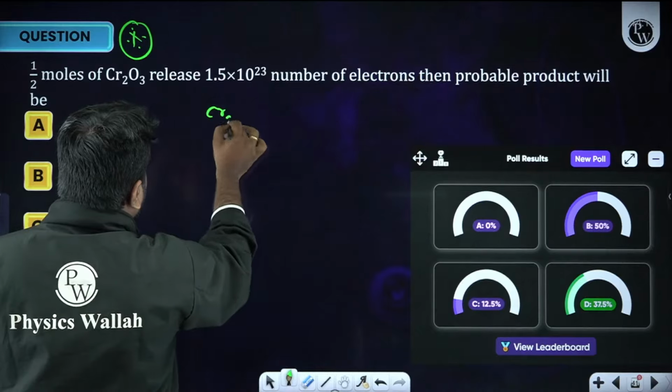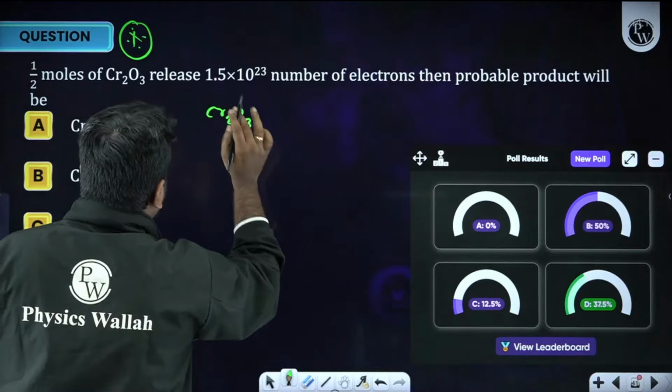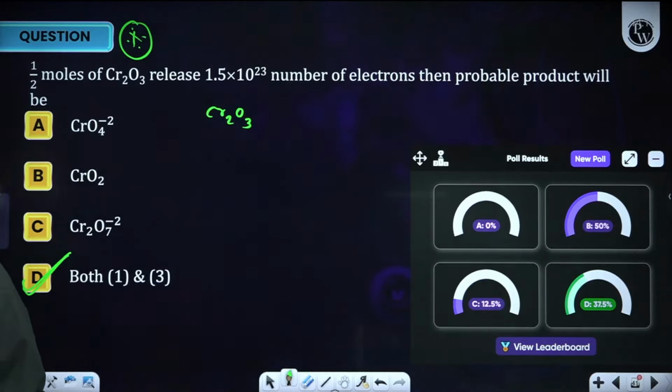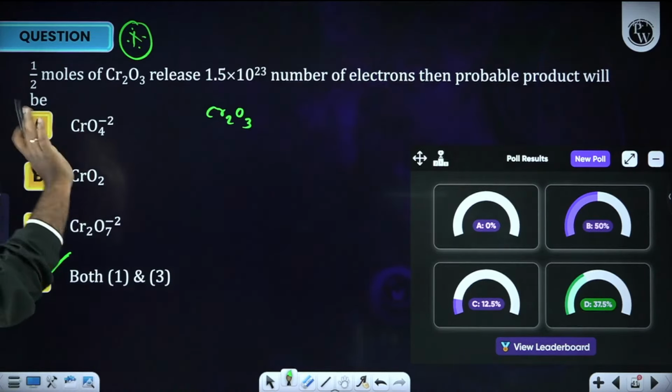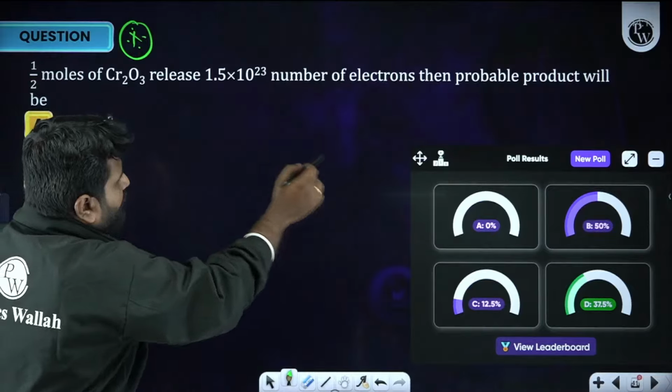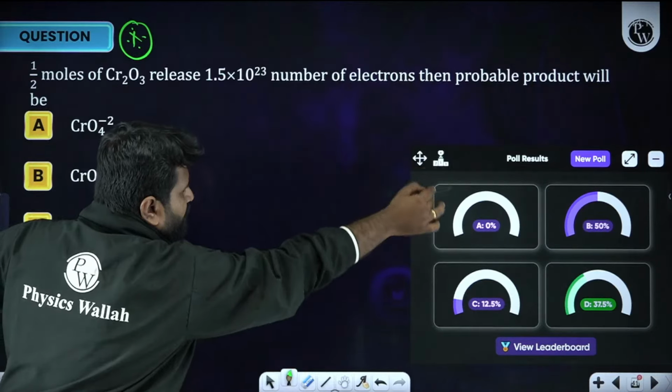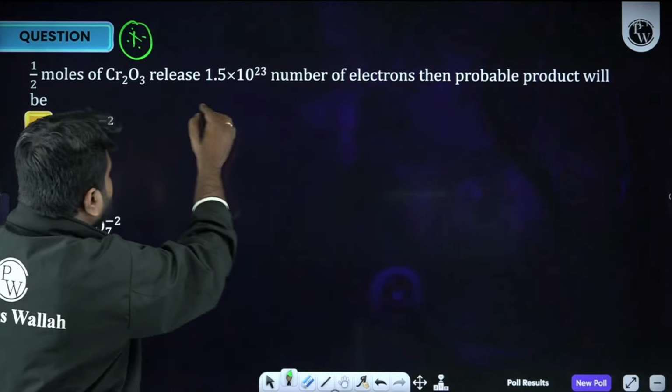Cr2O3 exists in half state. They clearly mentioned half mole releases this many number of electrons. So let me first calculate the number of moles of electrons. How will we do it?